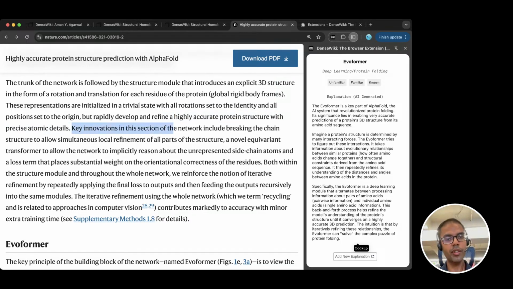Key innovations in this section of the network include breaking the chain structure to allow for simultaneous local refinement of all parts of the structure.